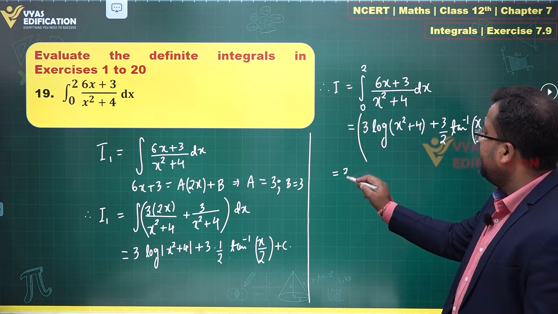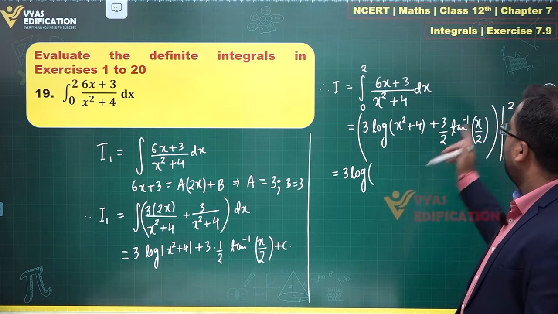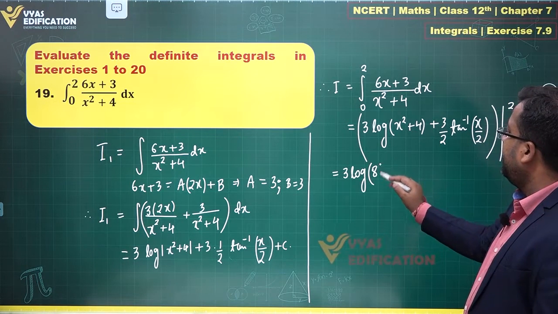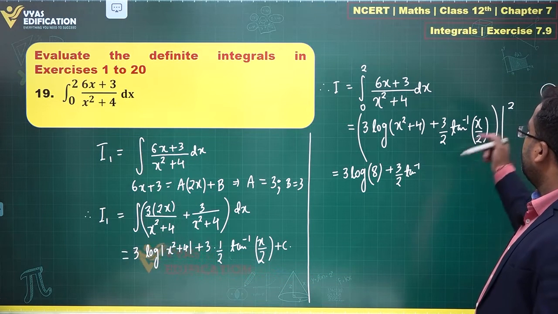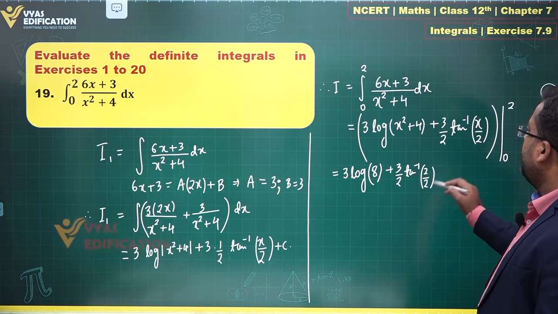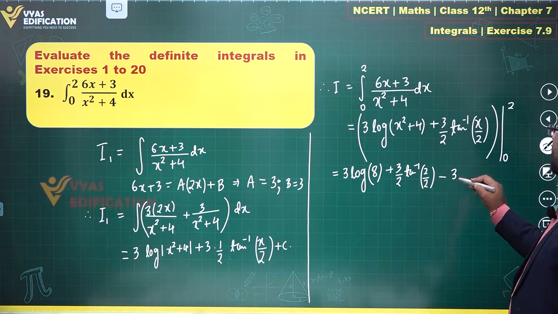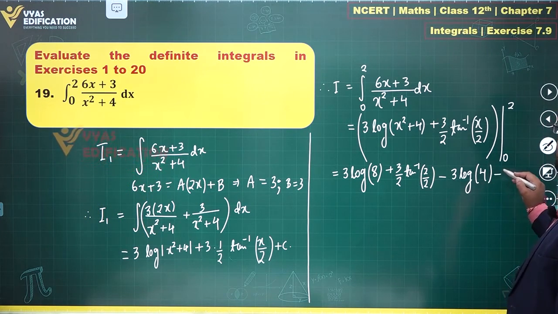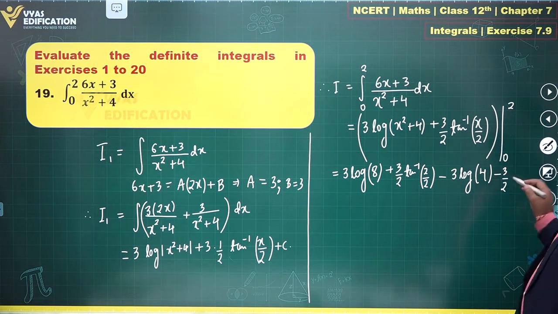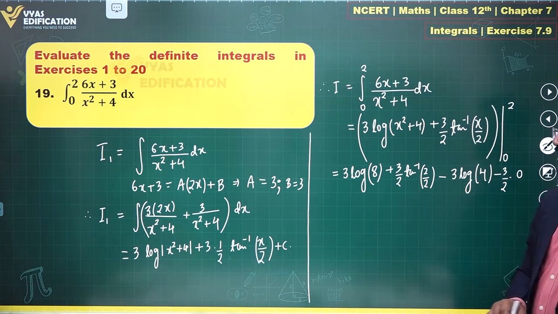So this is 3 times log of 2 square plus 4, which is 8, plus 3 by 2 tan inverse 2 by 2, minus 3 log of 0 plus 4, which is 4, and minus 3 by 2 tan inverse 0, which is 0, right?